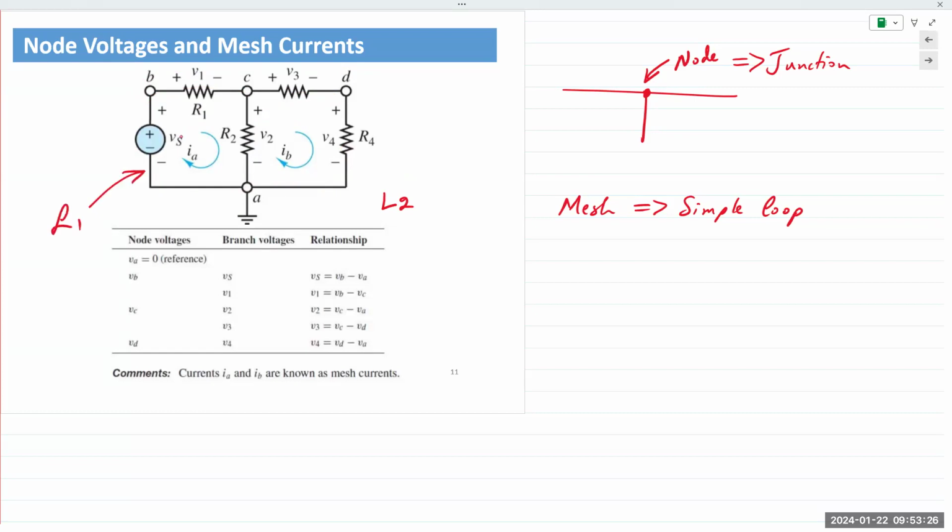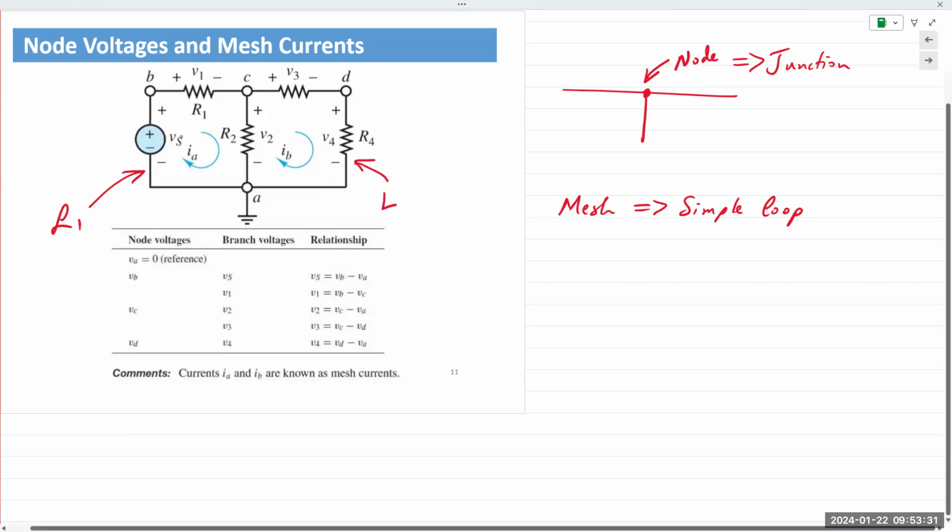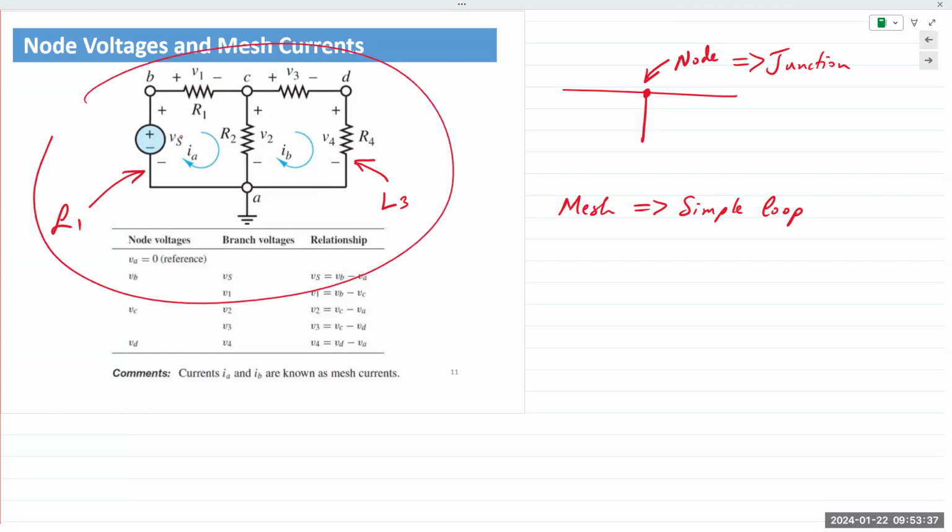Let's call it L1. And then I'll call this L2, the outer loop. The outer loop is not a mesh. L1 and L3 are meshes.